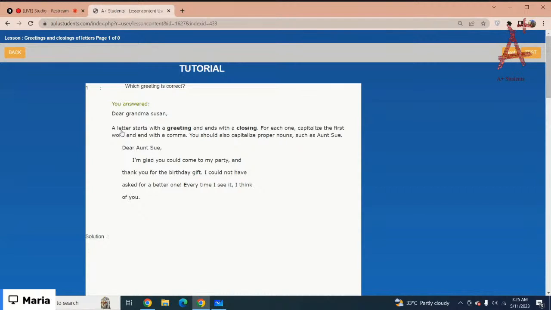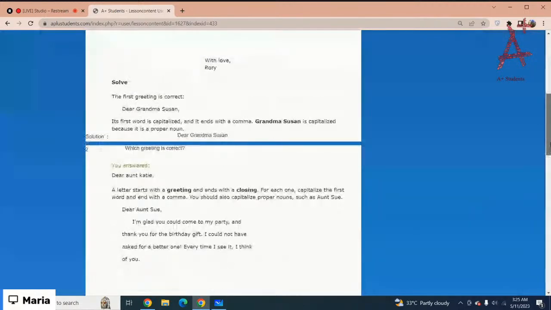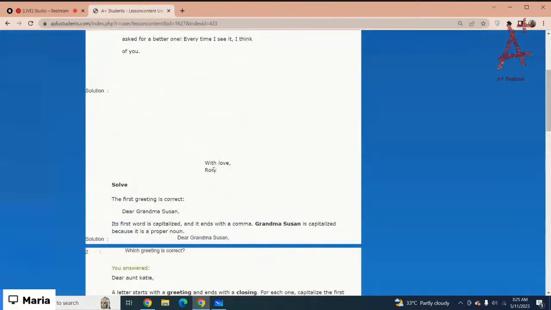I am glad you could come to my party and thank you for the birthday gift. I could not have asked for a better one. Every time I see it, I think of you. Basically, these lines are the body of the letter. And at the end, you must have the closing, like here you can see With love, and then you have the name.